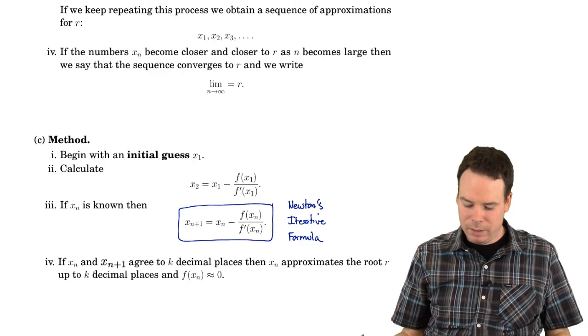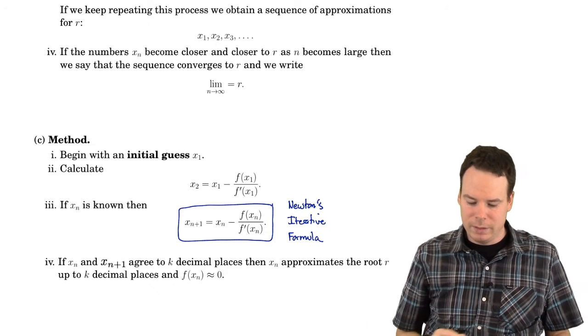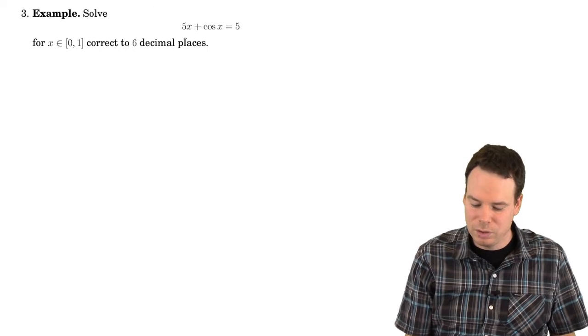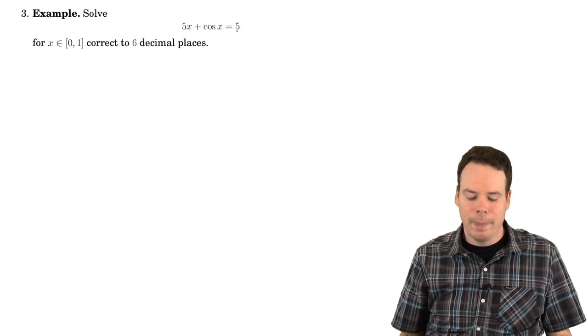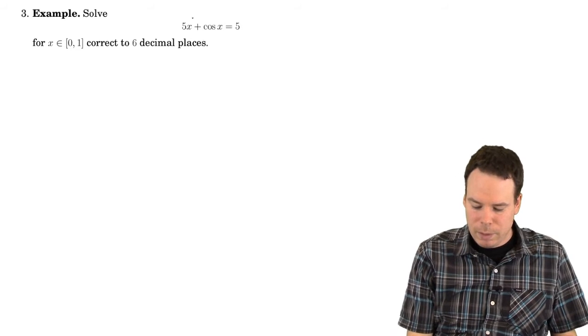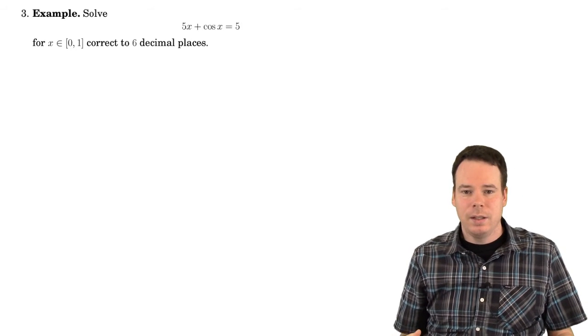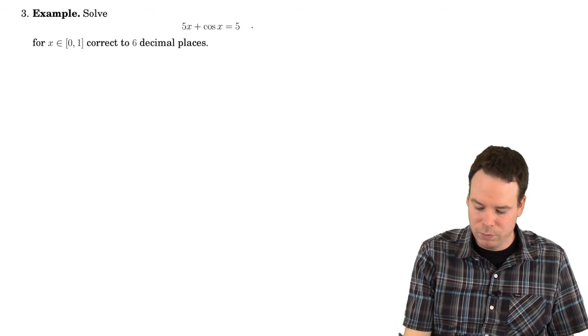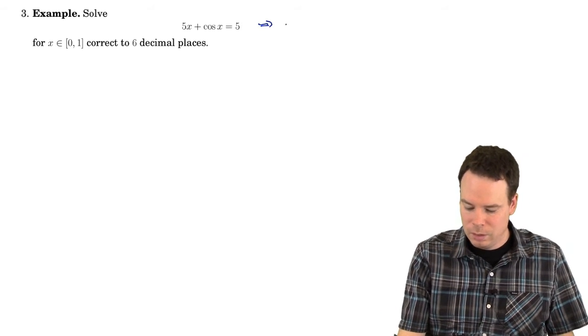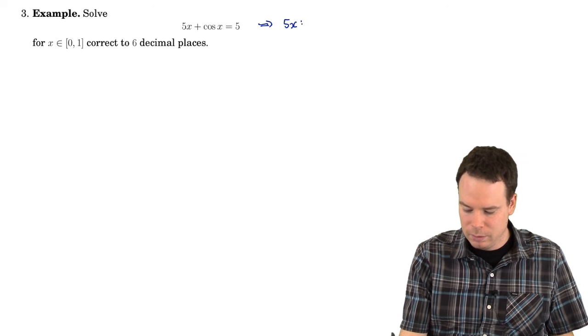Let's have a look at how this works in practice. We're asked to solve the equation 5x plus cos x equals 5. Now, remember, Newton's method is to find roots of functions. Here I'm asked to solve an equation. So the first thing we should do is push everything to one side.